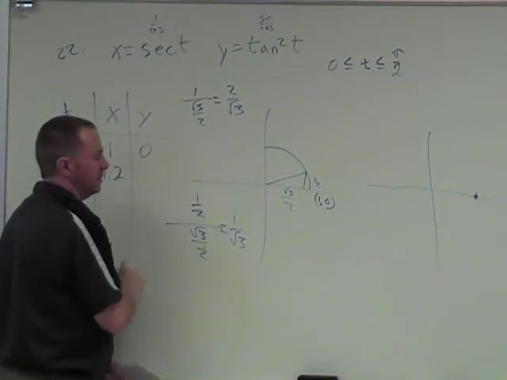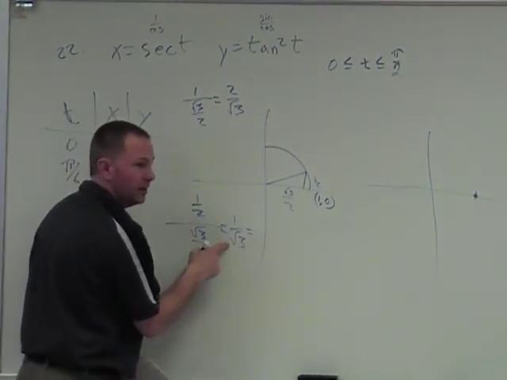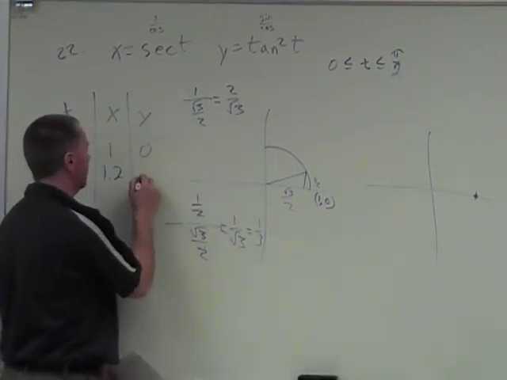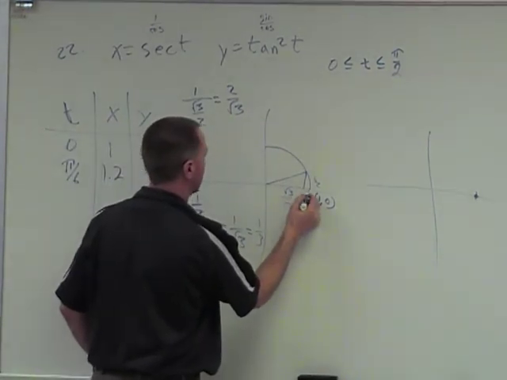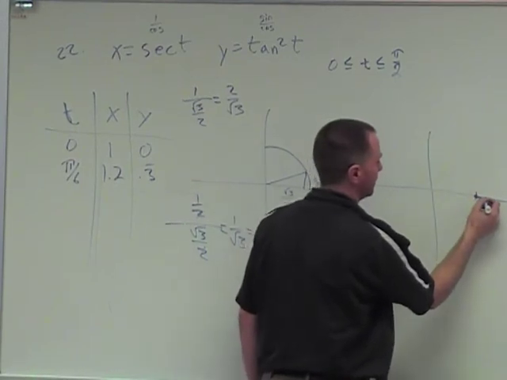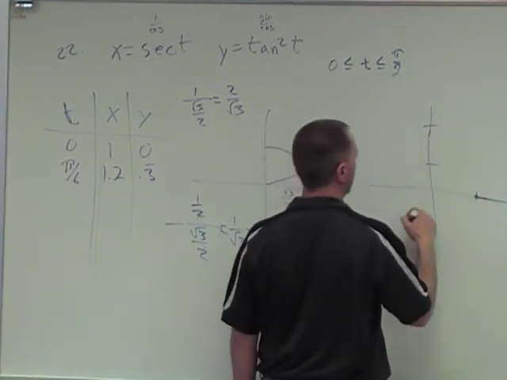And you have to square this. What happens when I square it? It's 1 over 3, or 0.3. Alright, so at 1.2, which is about right here, I am at 0.3.